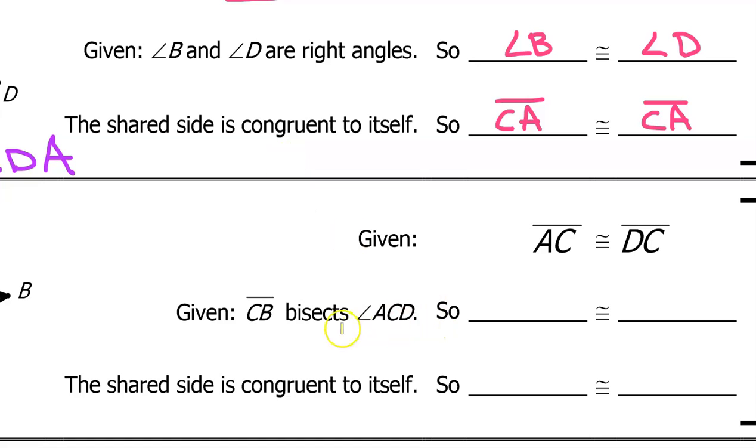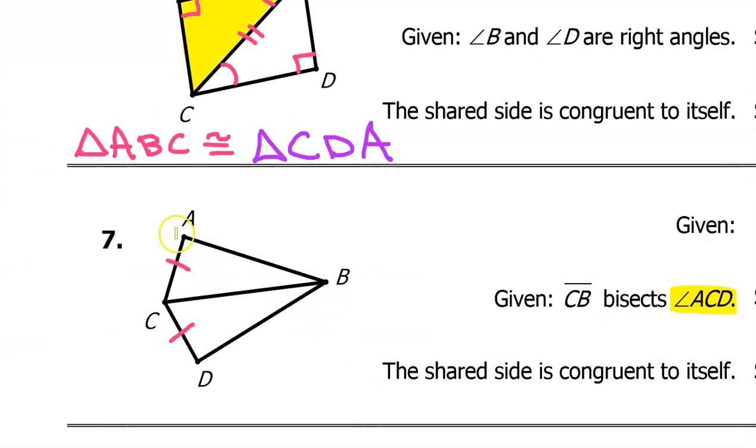Be careful. We know that bisect means to cut in half. Focus on angle ACD. Angle ACD is right here. This is the angle that is being bisected. This is the angle that's being cut in half.